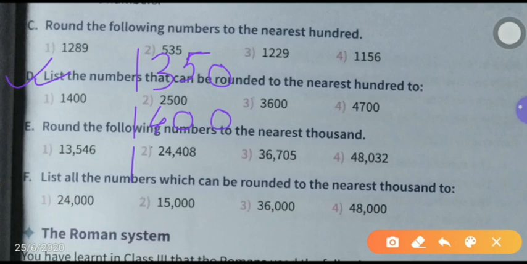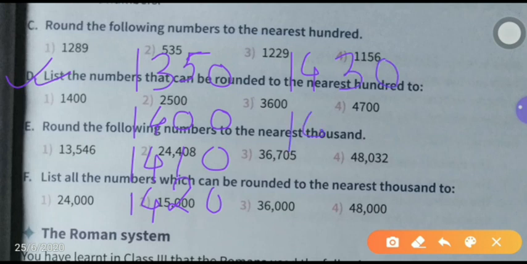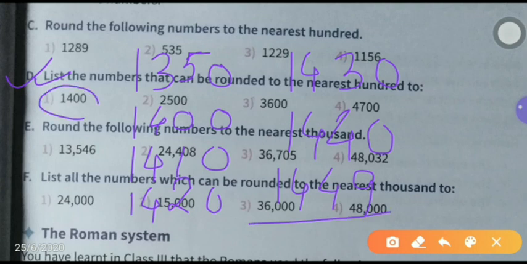After that 1410, 1411, 1412, up to 1420, 1430, 1440, up to 1449. Whenever you round off, you will get 1400.